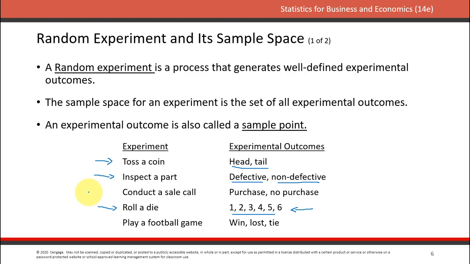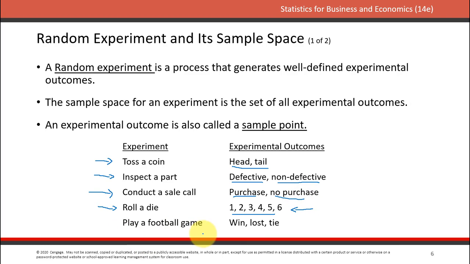And the next one is conduct a sales call. The result could be that the person who receives the call either makes a purchase or does not make a purchase. So those are the two outcomes. And then here's one more.